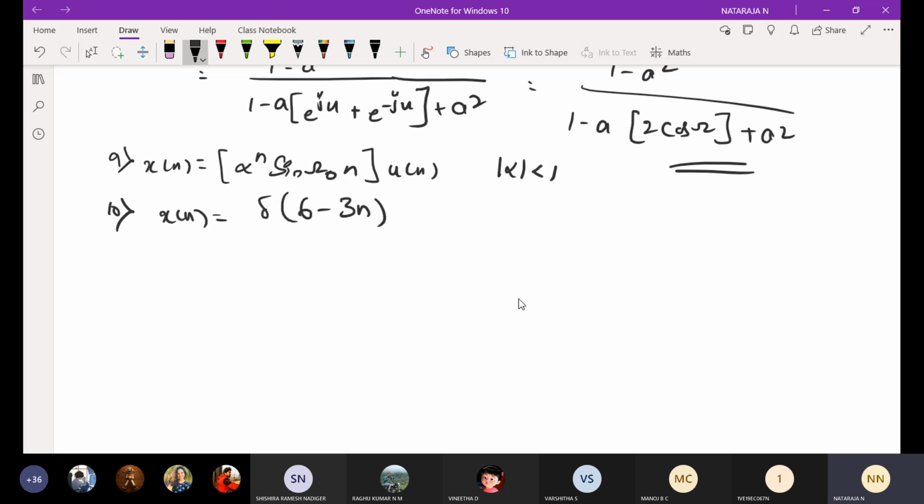When n is equal to 2, the delta function will be 1. You are going to get e power minus j omega 2, that is e power minus j 2 omega, or e power minus j 2 theta, which is cos 2 theta minus j sin 2 theta. That will be in the form of a plus jb. Then you can find the magnitude and phase.